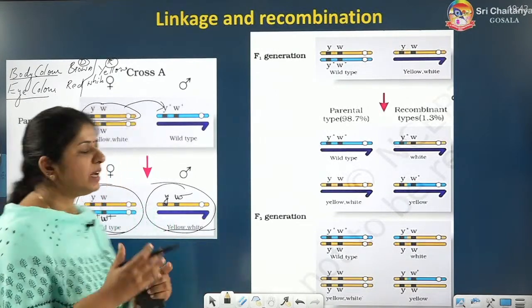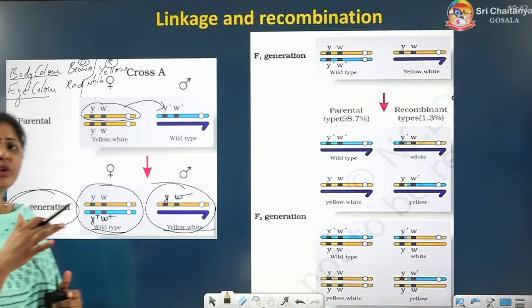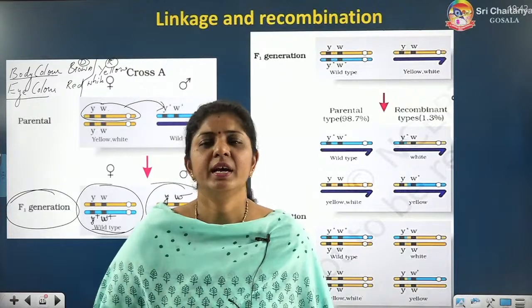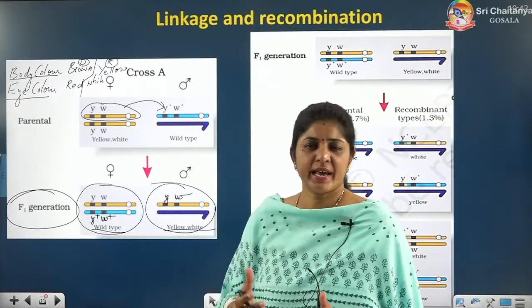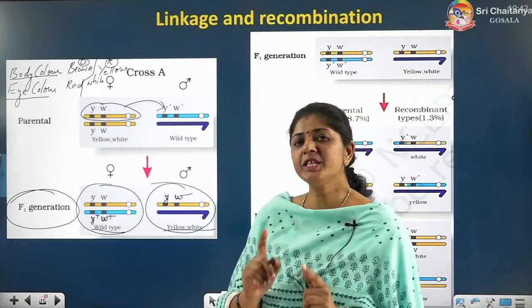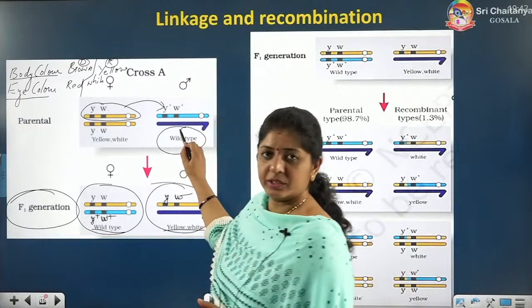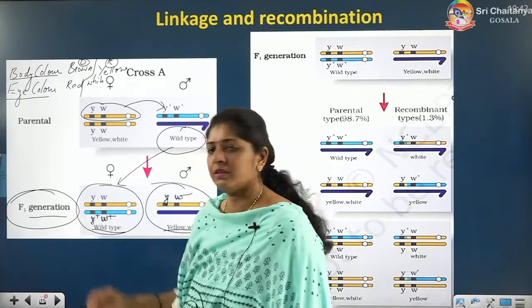Are you getting? Now can you see in the F1 generation, there is no new recombinant. What are recombinants? One should be plus, one should be recessive. So you will not find any such combination in F1. But one thing is important to notice here: what is the character of the male parent? It is coming in the female progeny of F1.